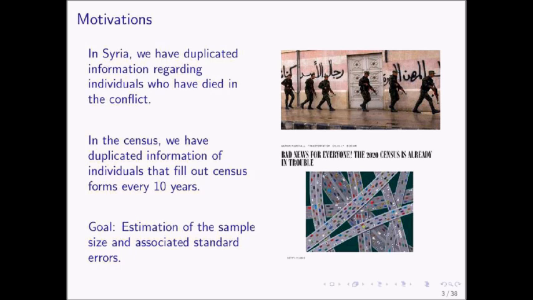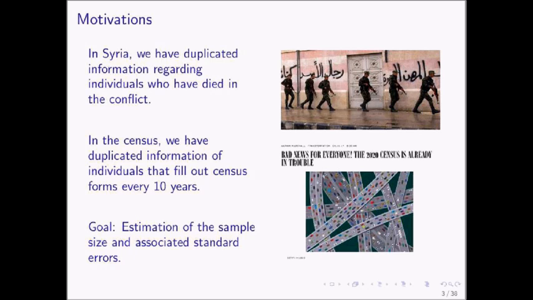This question also arose from conversations I was having at Carnegie Mellon about the census, right after 2010, for example with Bill Winkler. You have duplicated information that arises when individuals fill out a census form every 10 years. Maybe people have multiple homes and fill out too many census forms, so they're double counted or counted too many times.